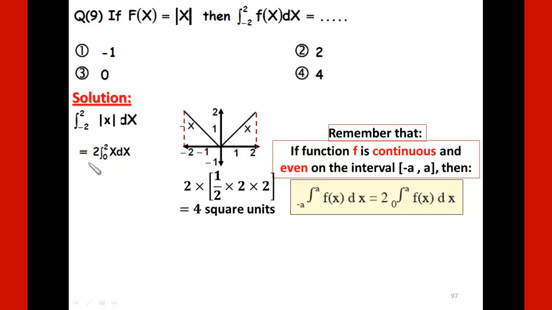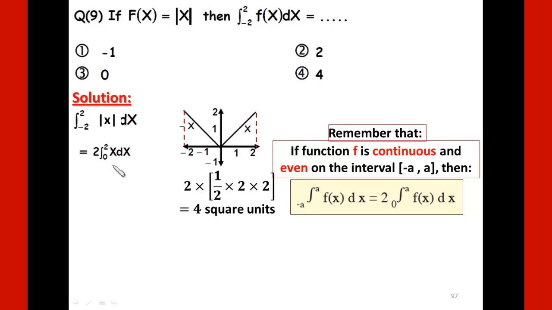In this interval from 0 to 2, the absolute value of x equals x, because these are positive values from 0 to 2. So the absolute value of x equals x.